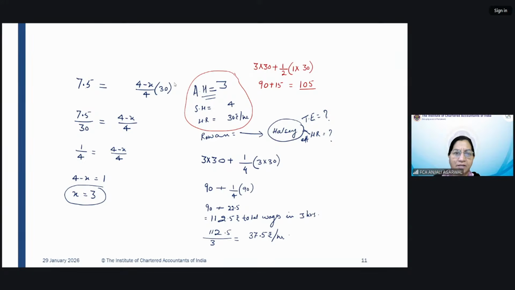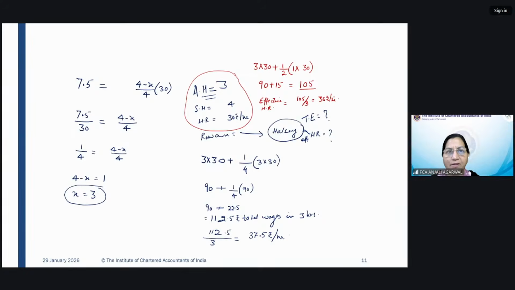And what would be the effective hourly rate for Mr. P if he had been under the Halsey plan? 105 if you are earning in 3 hours, it means your effective hourly rate under Halsey plan would have been 105 on 3, 35 rupee per hour.